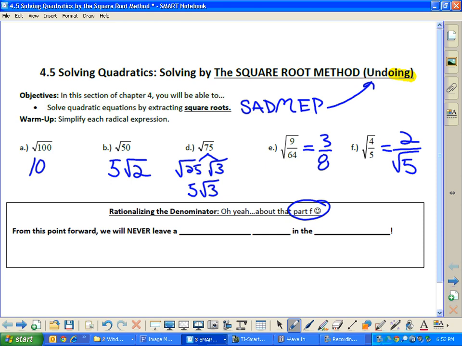The offensive part of that answer in part F is that we have the square root of 5 there in the bottom of our fraction. So from this point forward, including your assignment for tonight, you want to be very conscientious about never, ever, ever leaving a square root in the denominator.